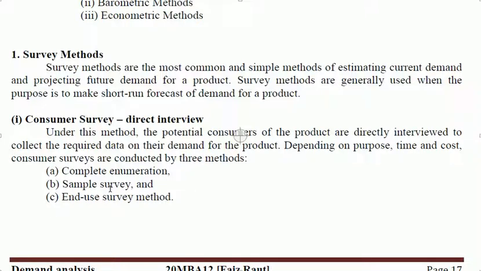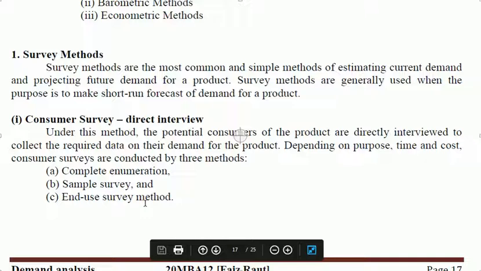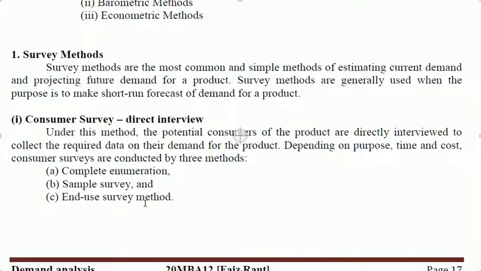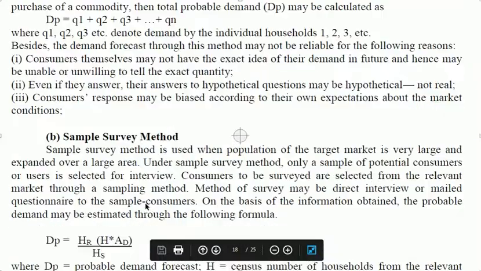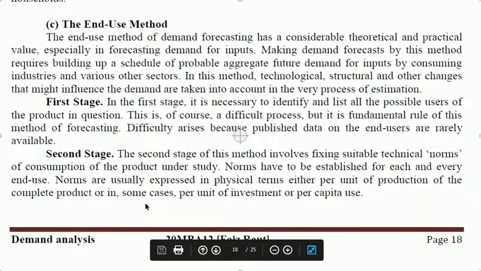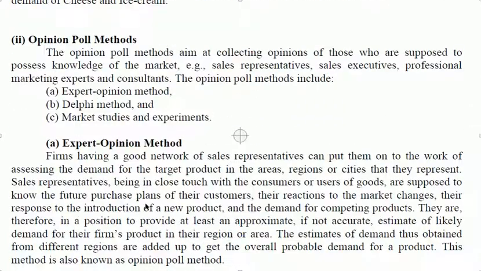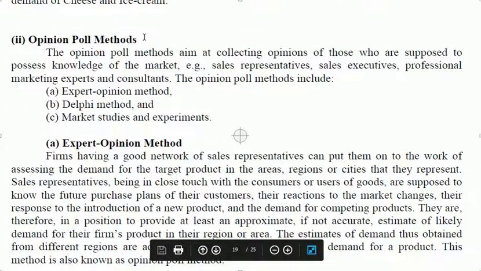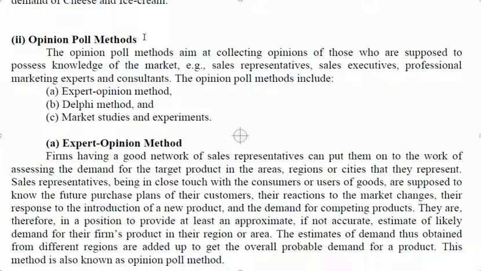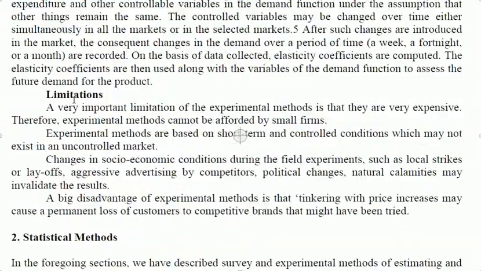In sample survey, we are going to select a few people from the population and interview them. In the end use survey method, we are going to ask the end consumers who are going to use the product, for which our product is a raw material. That was about asking the consumers, and the second one was the opinion poll method, in which we are going to interview or use experts, not the consumers.